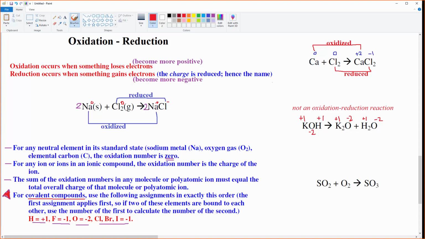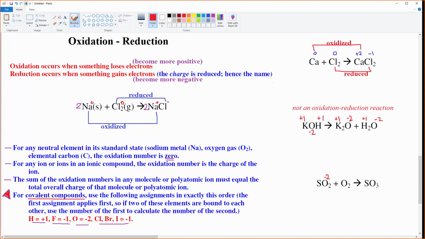Okay. Let's try this one. Sulfur dioxide reacts with elemental oxygen to form sulfur trioxide. So here, what are we going to do with this SO2? Oxygen gets to be -2, perfect.